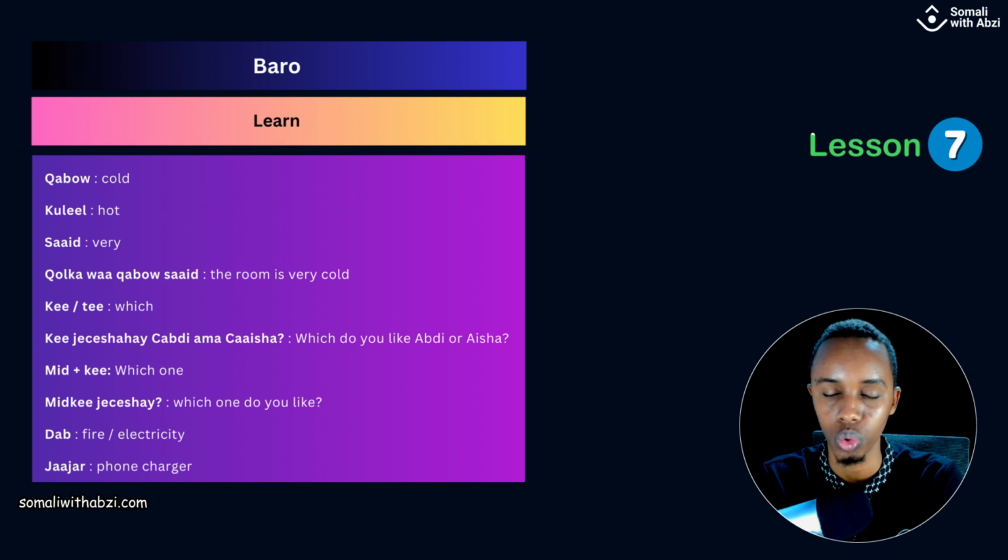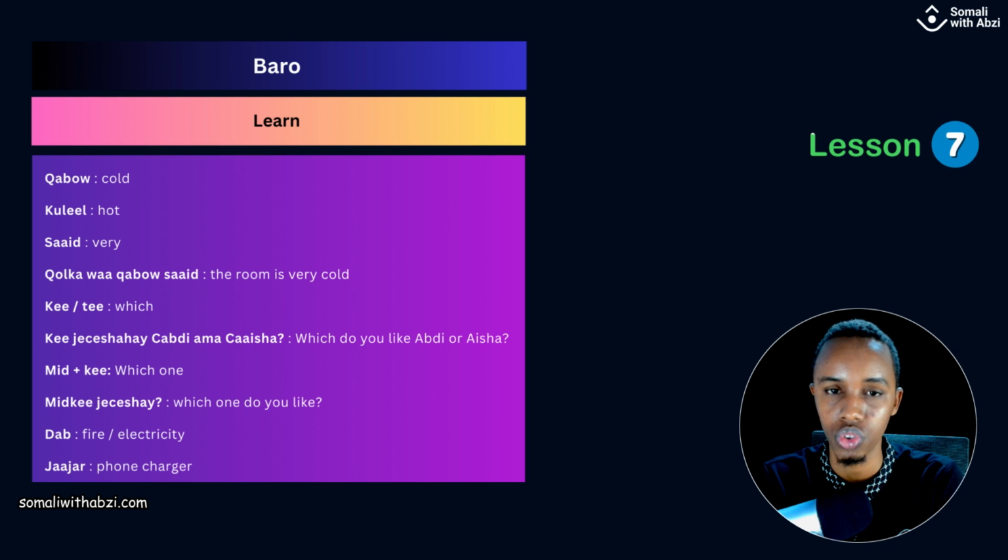Same. The next one is midke. Mid is one. So if you watched all the other lessons, we learned numbers from 0 to 19 so far. Number 1 in Somali was ko, also hal, also mid.